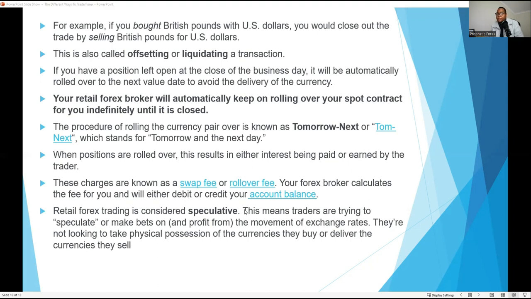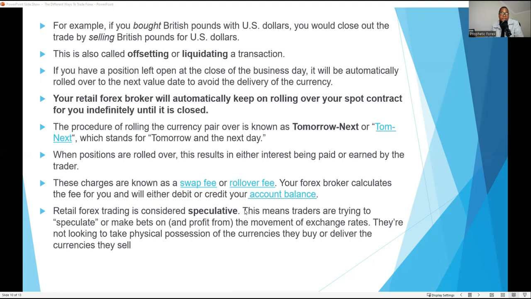Your broker calculates this fee for you, and it is either debited or credited to your account balance, mostly when you close the trade. You will see that they will show you like $1. It depends on how long you hold. That's why most traders don't prefer holding trades.